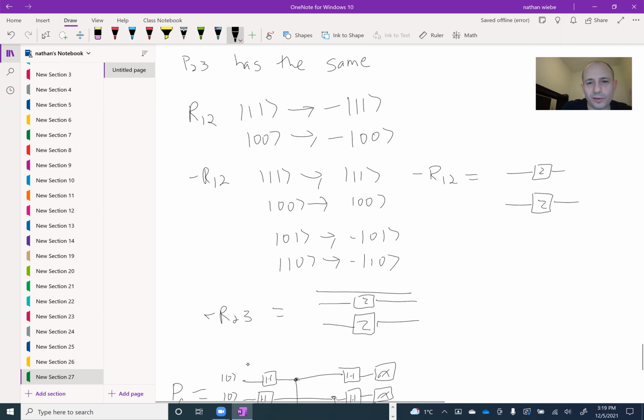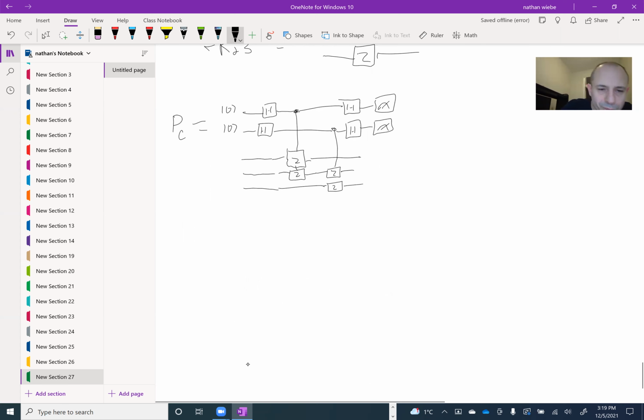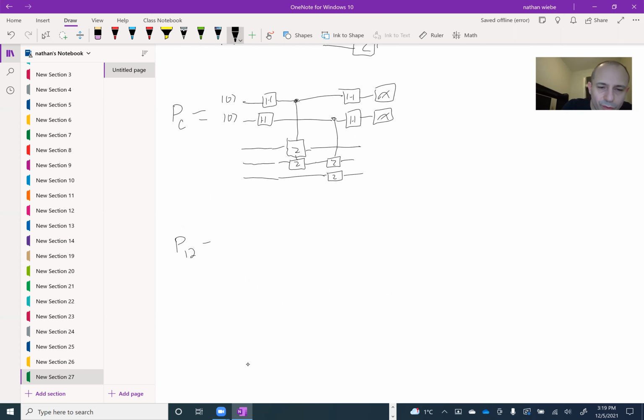And the way that we can see this is actually, again, just by multiplication, because if we express P12 as a matrix, it is of the form |0><0| plus |1><1|, tensor identity on the third qubit, and P23 is equal to identity tensor |0><0| plus |1><1| on the remainder.